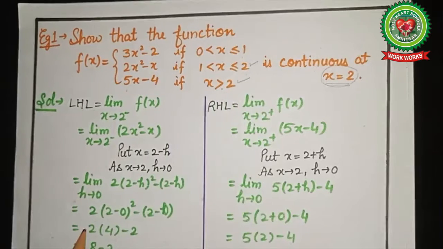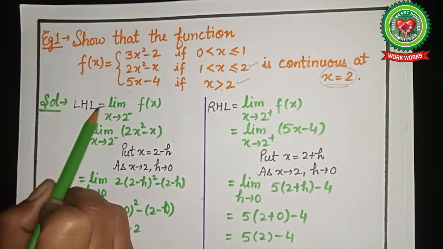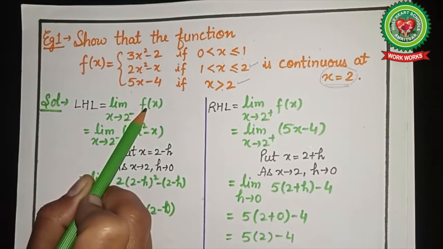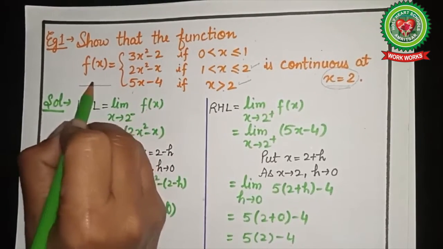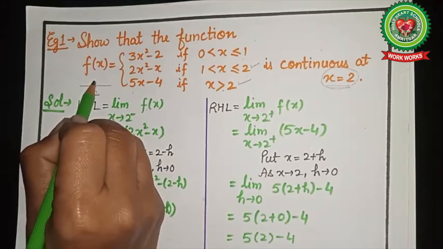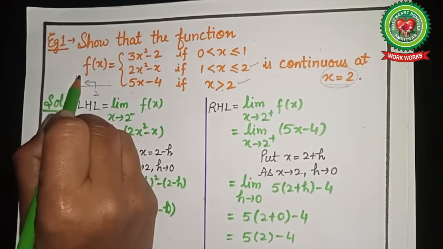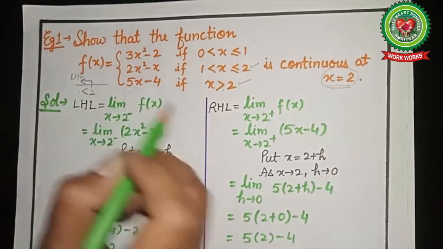So let's start with the question. Firstly, we will check the left hand limit and right hand limit. So left hand limit is limit x approaches 2 negative of f(x). Now 2 negative means, this is the value 2. 2 negative means we have to move to the left of 2. It means less than 2.